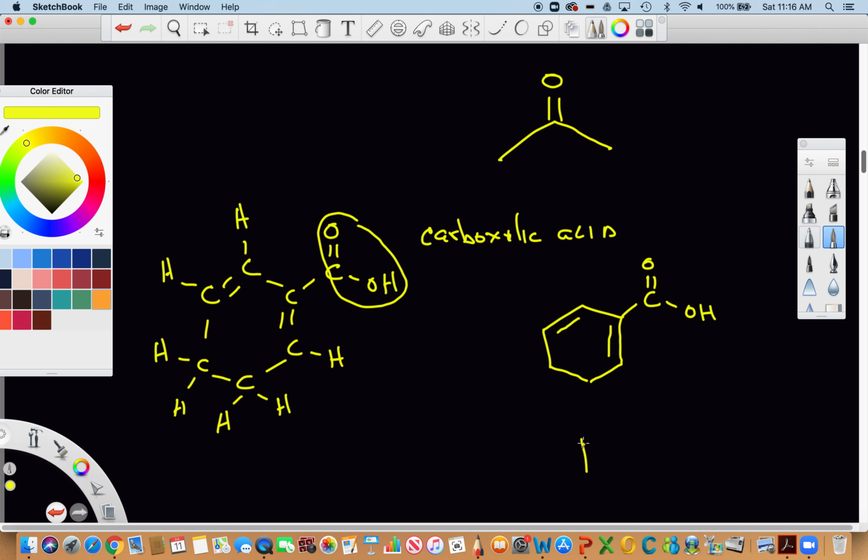Sometimes you may also see it written this way, which is acceptable. That is acceptable also for the carboxylic acid. Or you may combine the oxygen, CO2H.